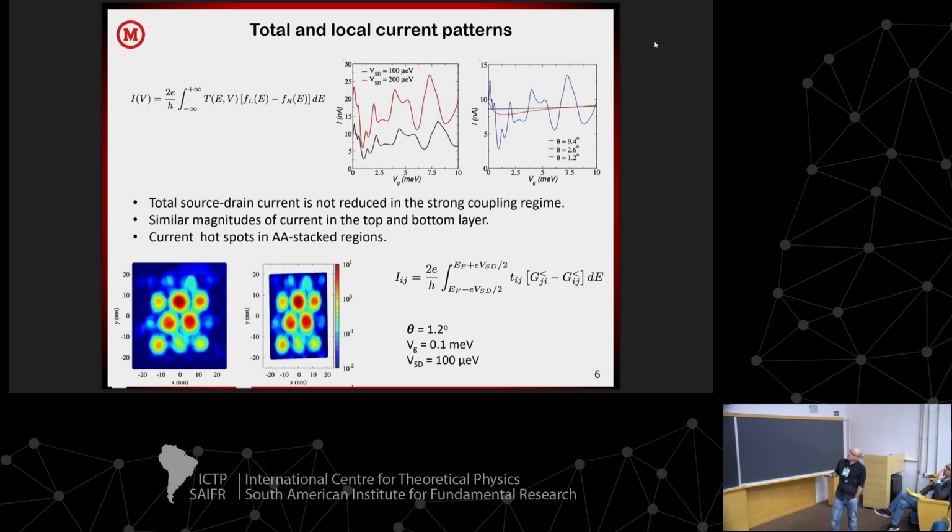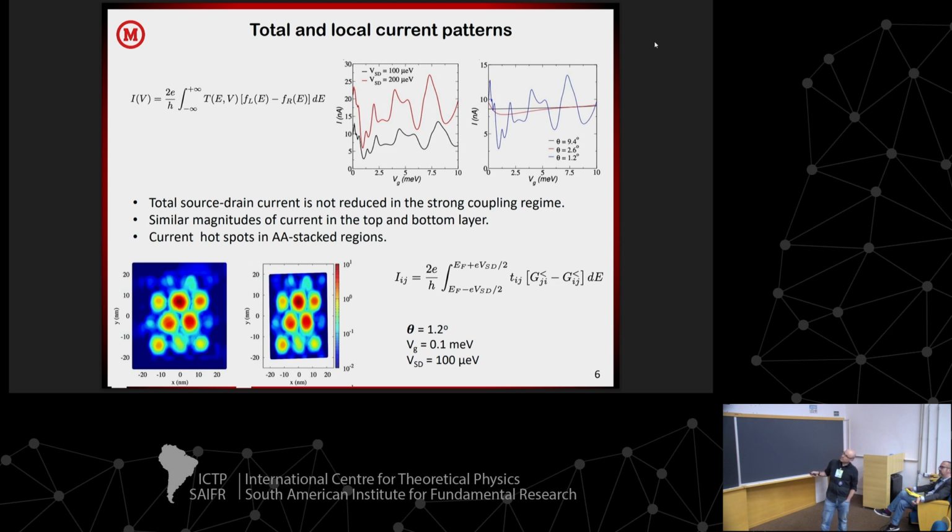So we plot the current map for these values of the low twist angle. The voltage is measured from the charge neutrality point, with this bias. And you can see that the current is localized on the AA stacked regions on both layers. Remember that this patch is completely decoupled from the contact, so the current should be completely absent in this region, and you can see that is not the case.